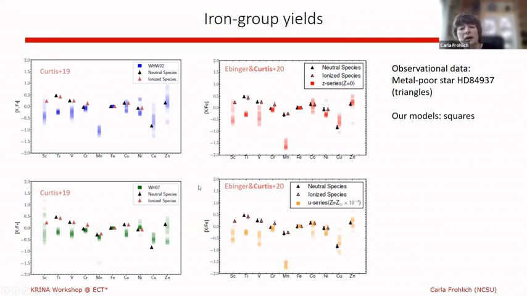This is for a fixed calibration, a fixed equation of state, and a fixed set of reaction rates. If you vary the reaction rates of iron group elements within their uncertainties, these points will look different. How they will look different, I will postpone that result to the in-person workshop, hopefully next year.